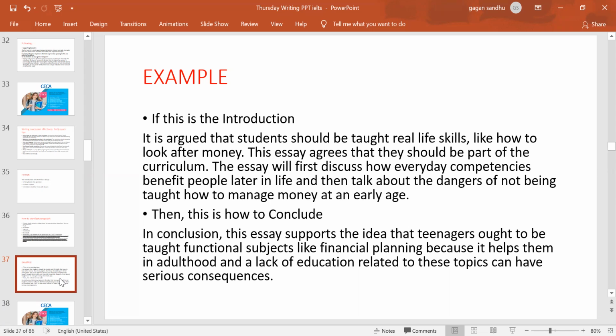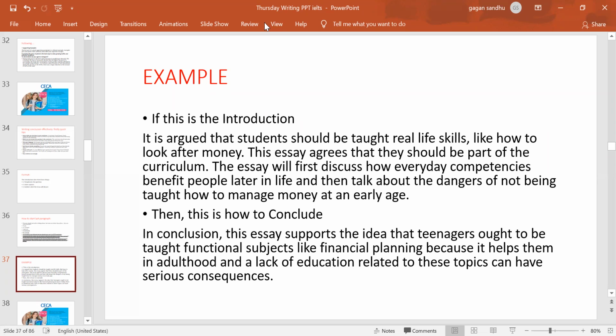All right. So do you see, this is a perfect introduction again. It says there is an argument in this statement maybe. The first sentence is paraphrasing that students should be taught real life skills like how to look after money. Then comes the thesis: this essay agrees that they should be part of the curriculum, right?